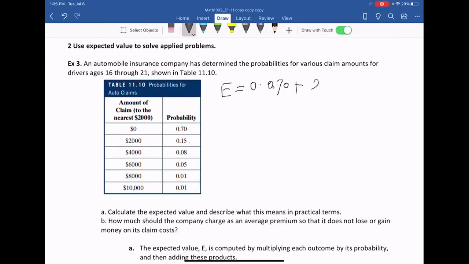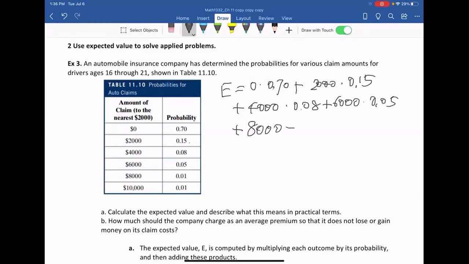Next one is 2000 times 0.15 plus 4000 times 0.08 plus 6000 times 0.05 plus 8000 times 0.01 plus 10,000 times 0.01.